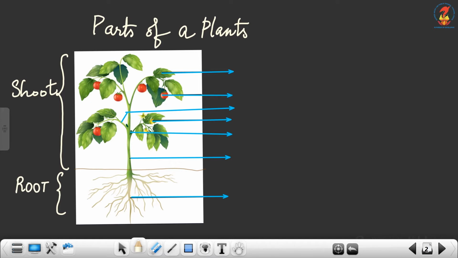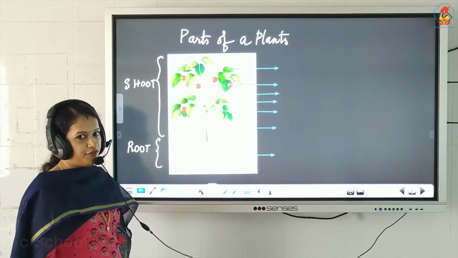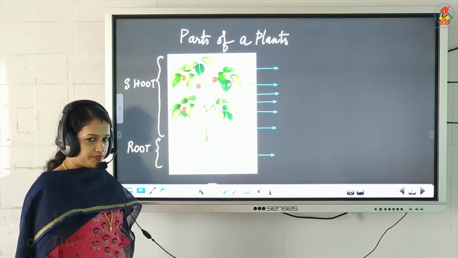So, the plant can be divided into two parts. One is the shoot and the root. Shoot is the part that you see above the soil, and root is the part that you see below the soil. Both these parts perform different functions.